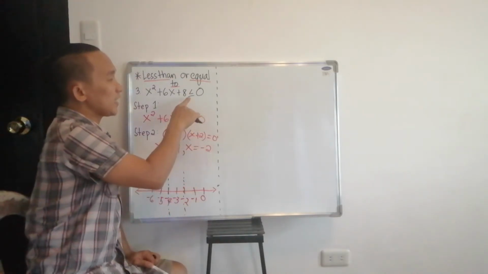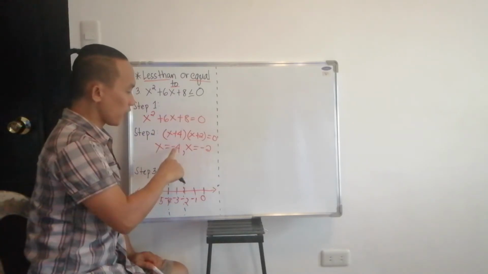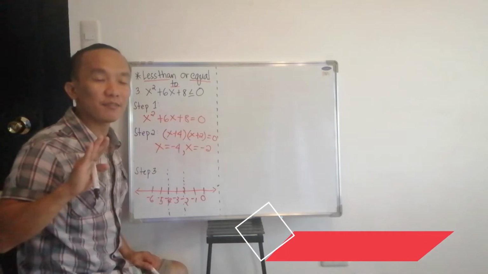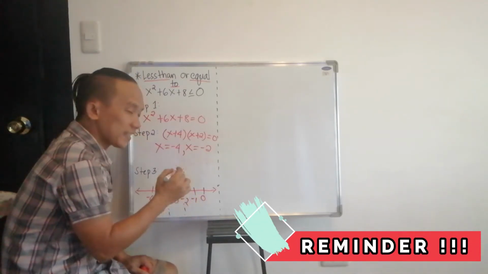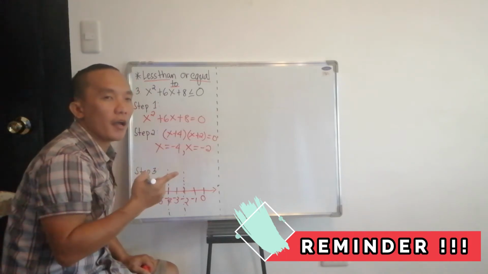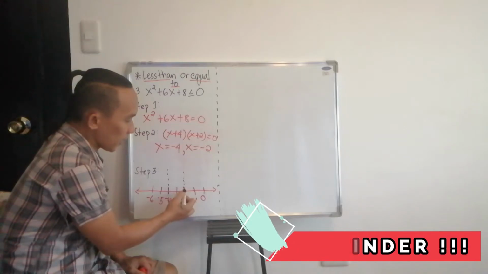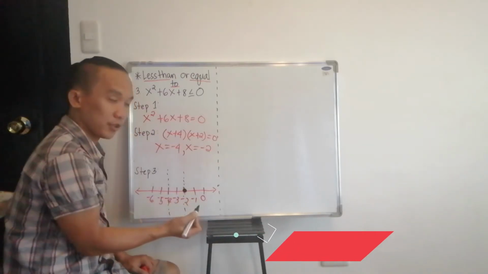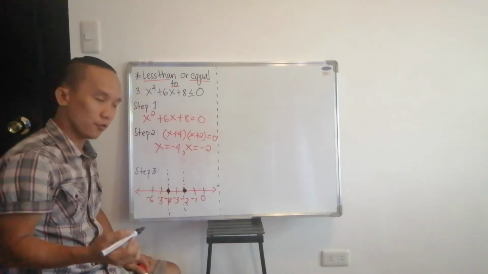Now, since this is less than or equal to, it means that our roots, negative 4 and negative 2, are now part of your solution. So, instead of shading the roots as open circles, we now shade them as closed circles because they are included in our solution.